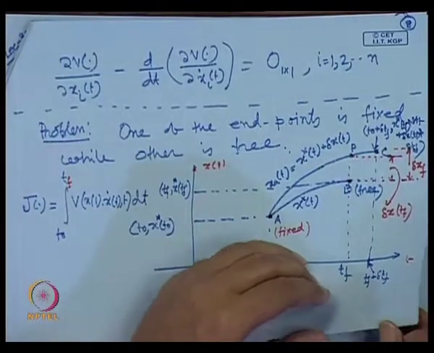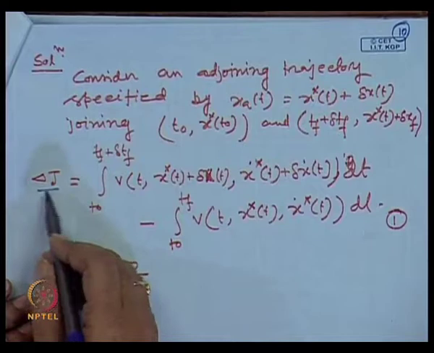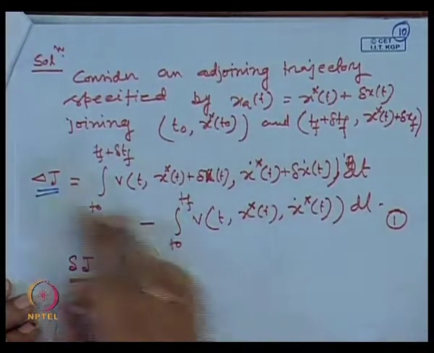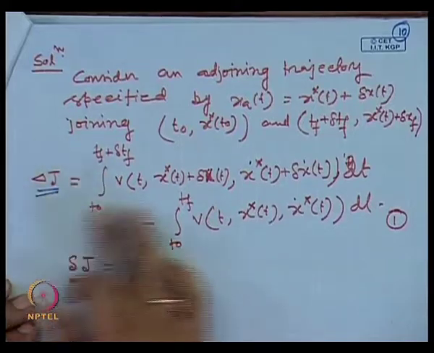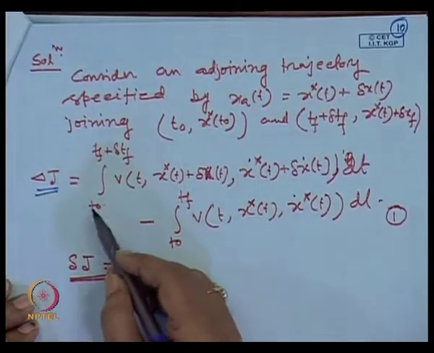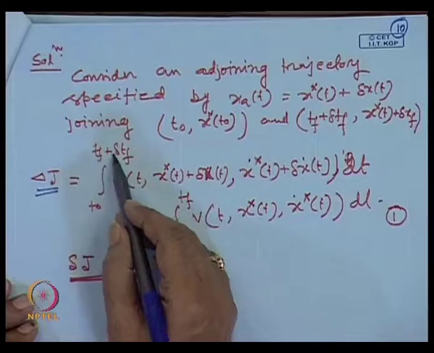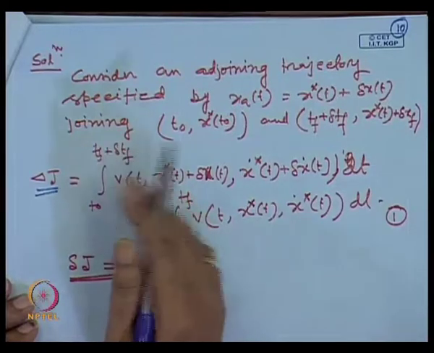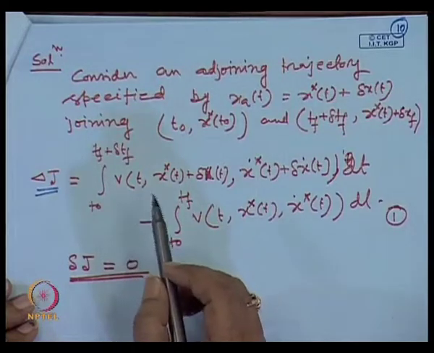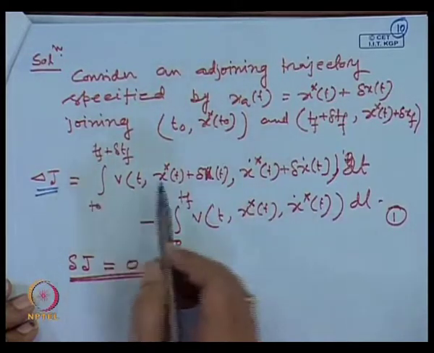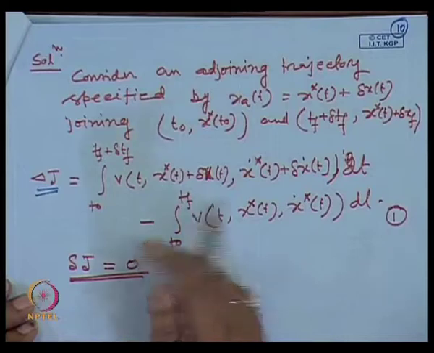And what do we have to do? First, we have to find the first variation of the functional value, delta J, the incremental change in functional value, from T 0 to T f plus delta T f, because T f is free and the final value of the state x T f is also free.